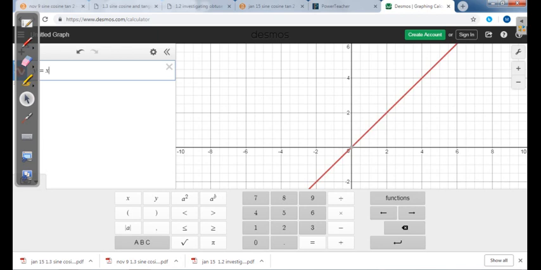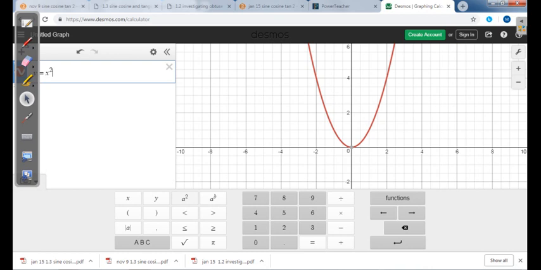If you want to use any other power, you're going to have to press this button. But in this case, I just have to graph y equals x squared. Are we all on the same page? All right. You guys get a graph that looks like this?